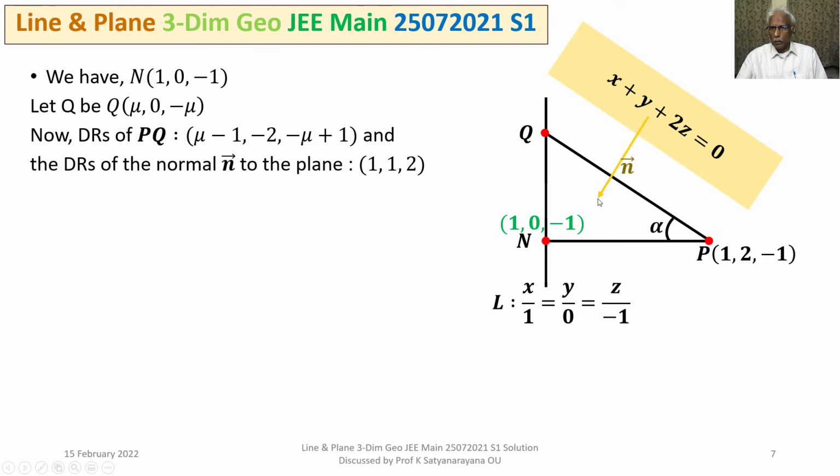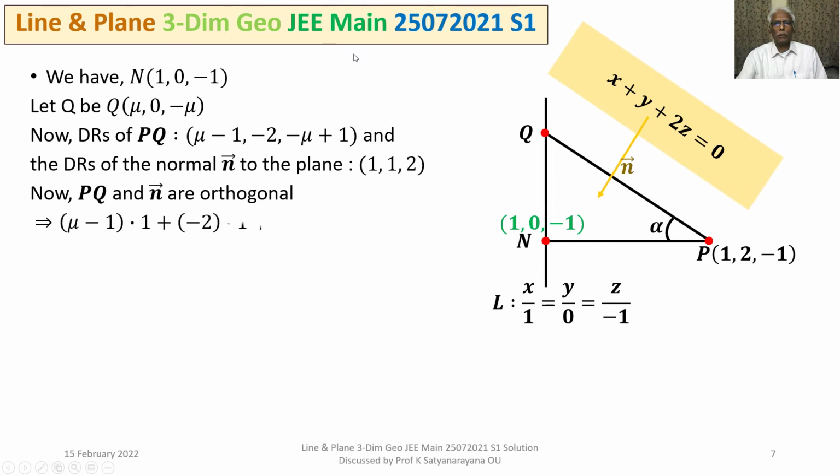So, what's the normal? This is the normal. Now, this normal and PQ are orthogonal. Therefore, the sum of the product of their direction ratios will be 0. So, that will be equal to mu minus 1 into 1 plus minus 2 times 1 plus minus mu plus 1 times 2 will be 0.